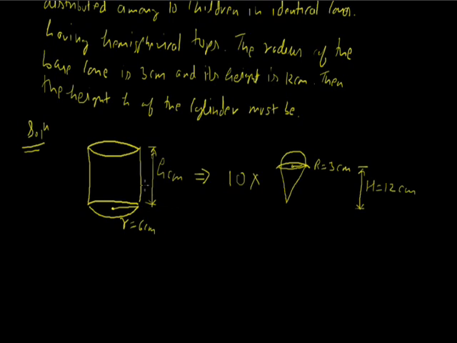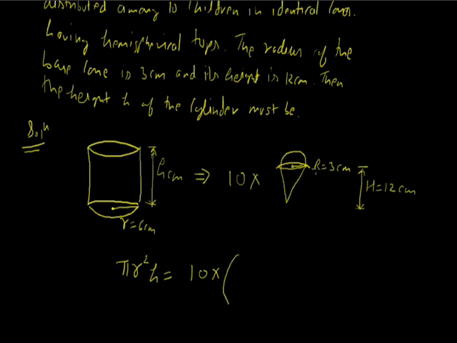Basically concept ये रहेगा कि जो आइसक्रीम सिलेंडर के अंदर थी वो हमने कोन में शिफ्ट कर दी है. तो we can say that the volume of the cylinder is equal to 10 times the volume of this cone object.